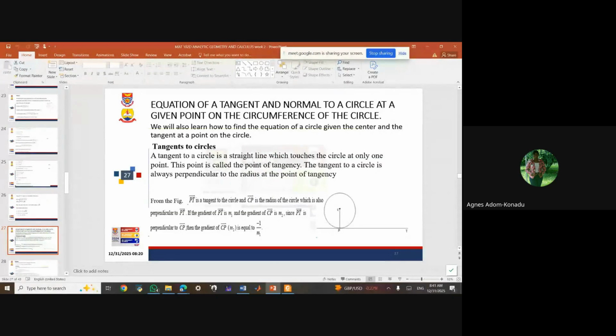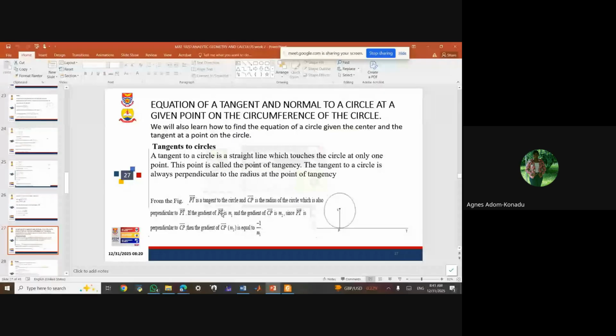The tangent to a circle is always perpendicular to the radius. From the figure, PT is a tangent to the circle, and CP is the radius of the circle, which is also perpendicular to PT.